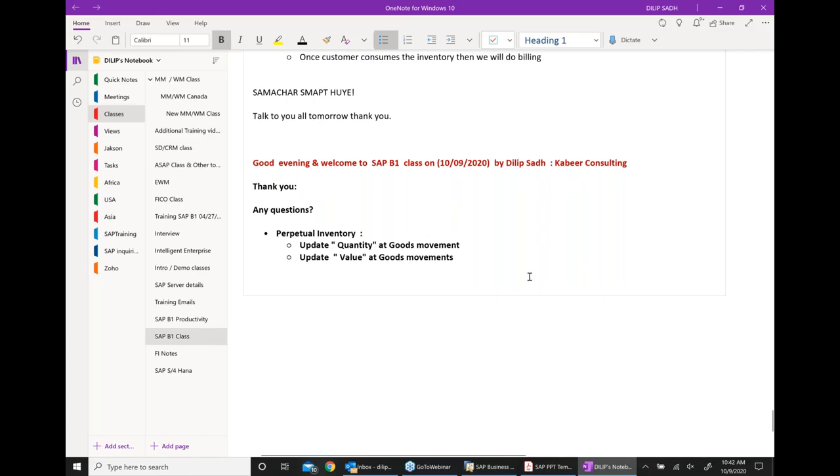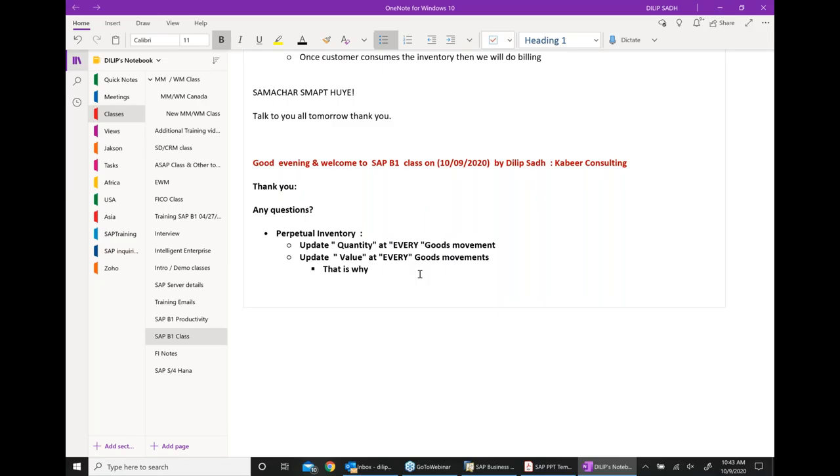Understand this. Because there is a value, that is why it is called perpetual, at every goods movement.